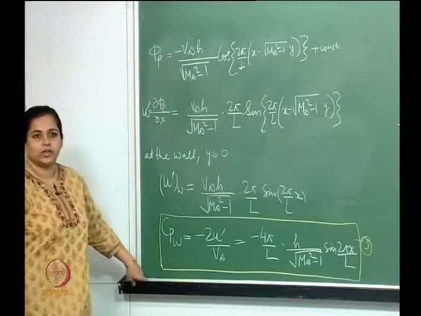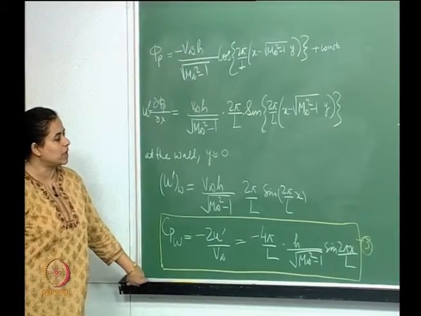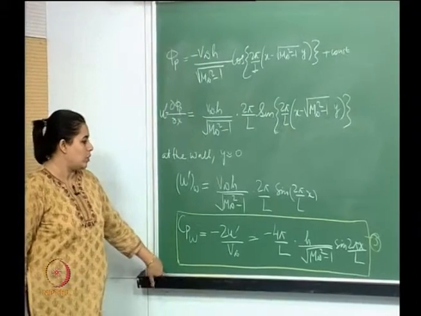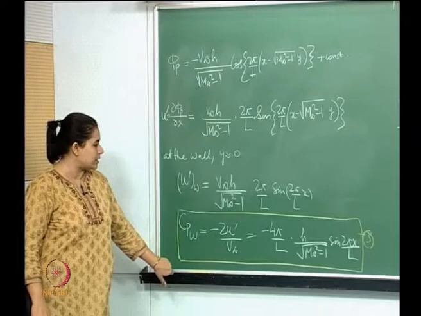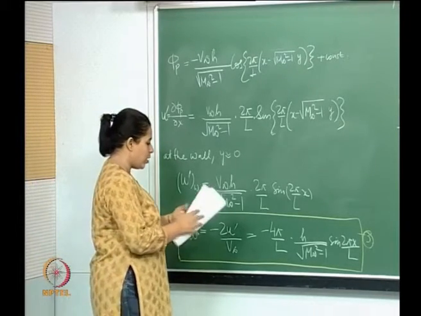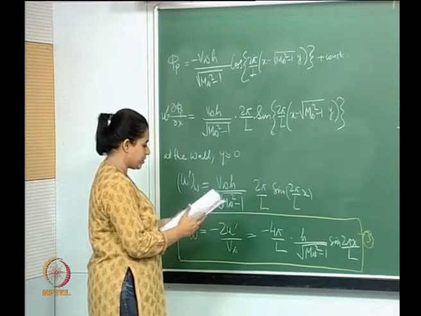So like we did for the subsonic case, let us try and understand what sort of this means. Now as you can see, let us point out a few things.